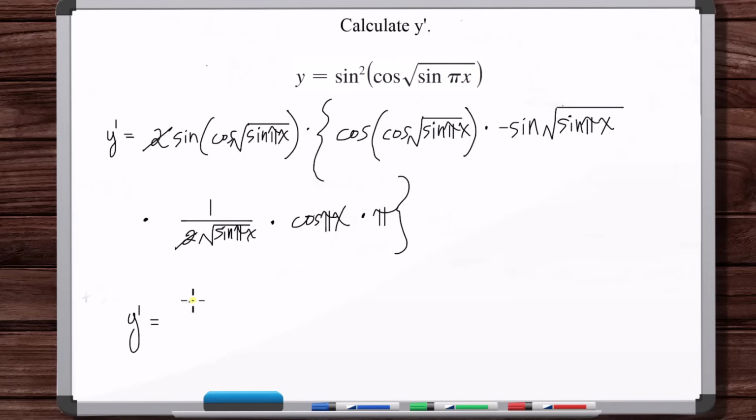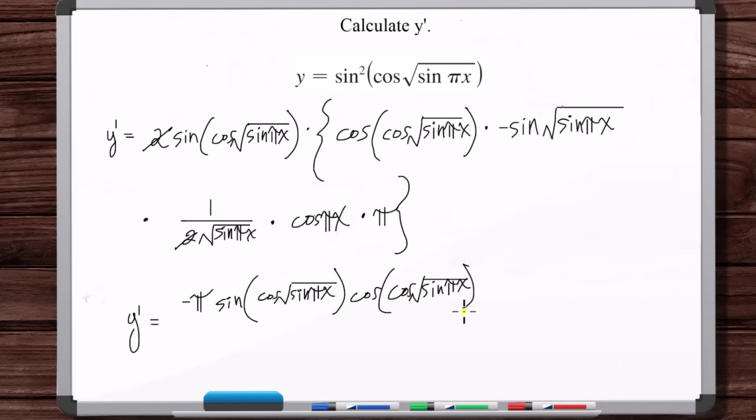So we've got minus pi. Okay, these will cancel. Or no. This is an argument of the sine here.